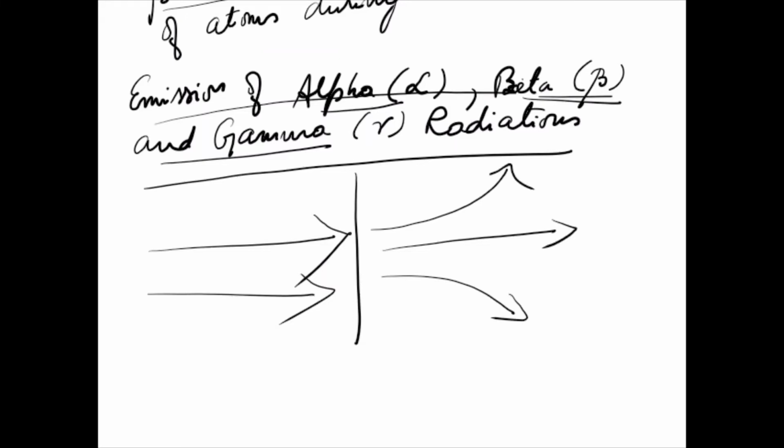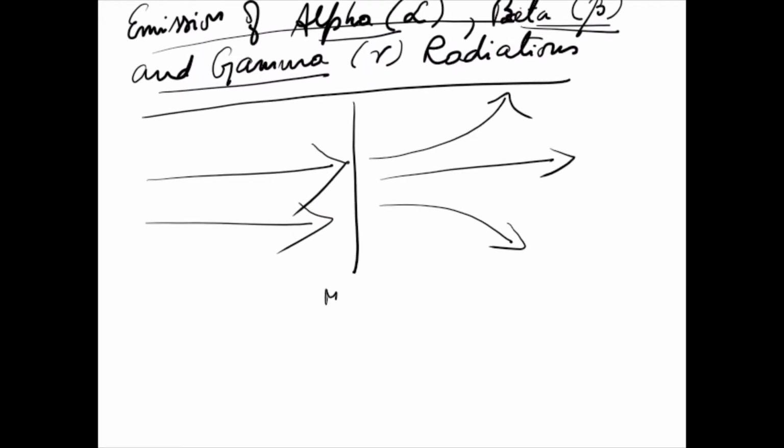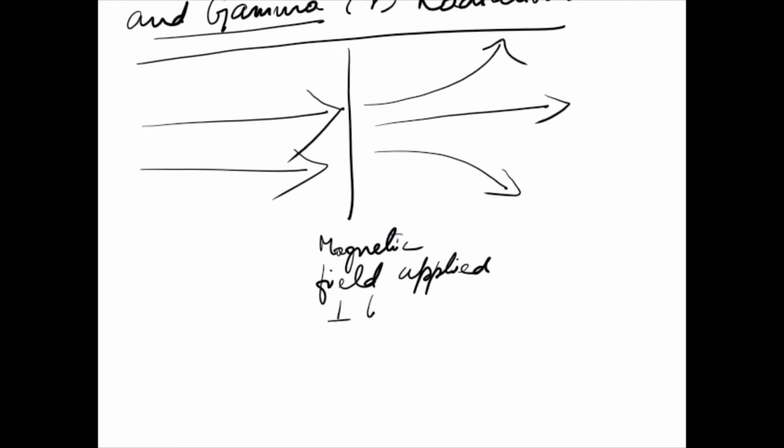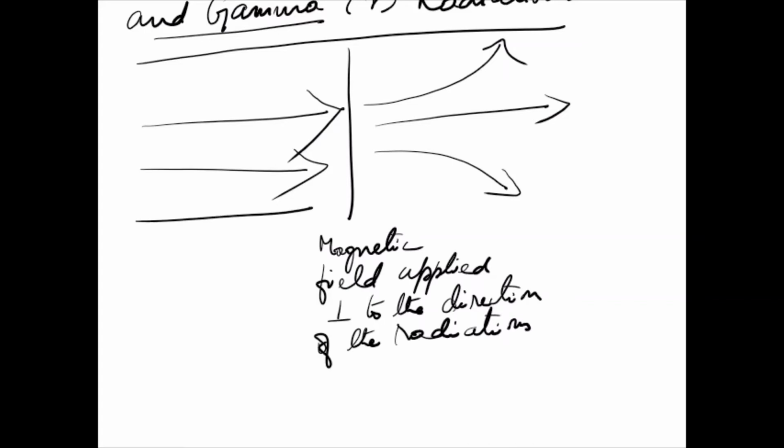When a magnetic field is applied perpendicular to the direction of the radiations, these are the alpha, beta, gamma radiations coming.